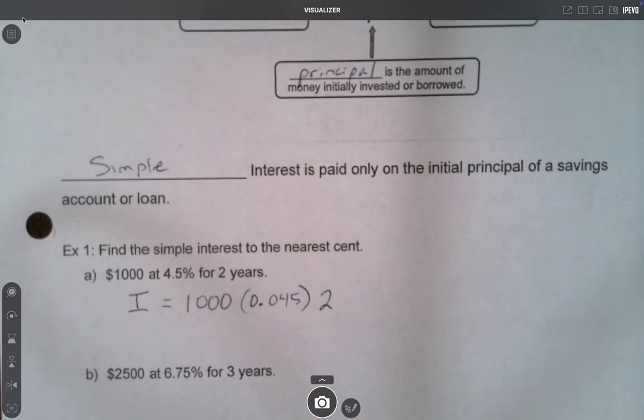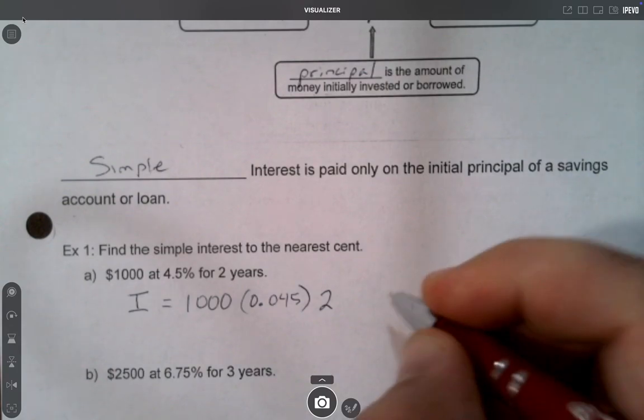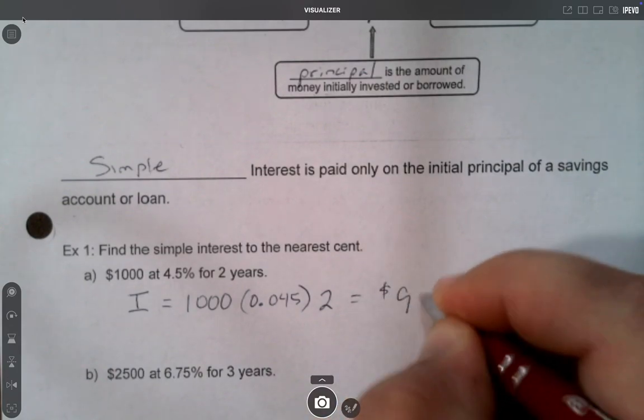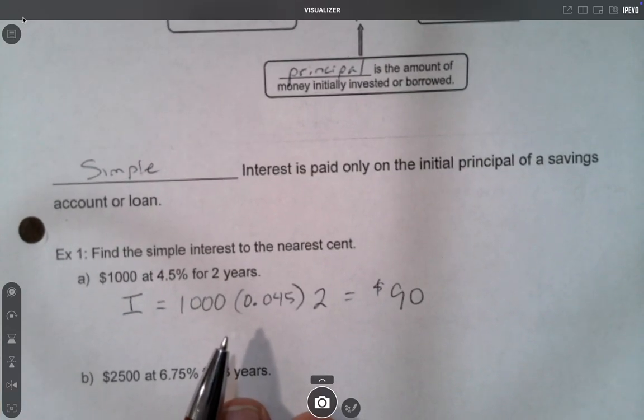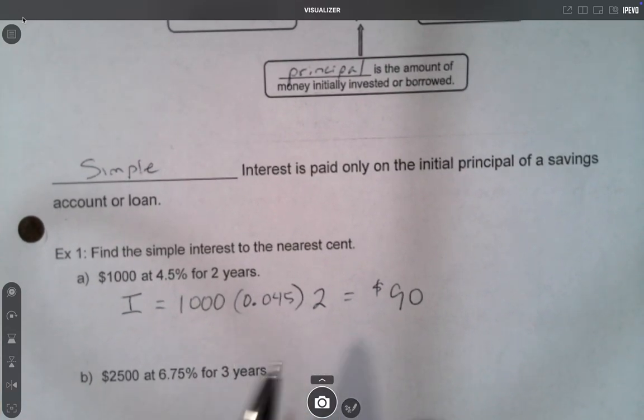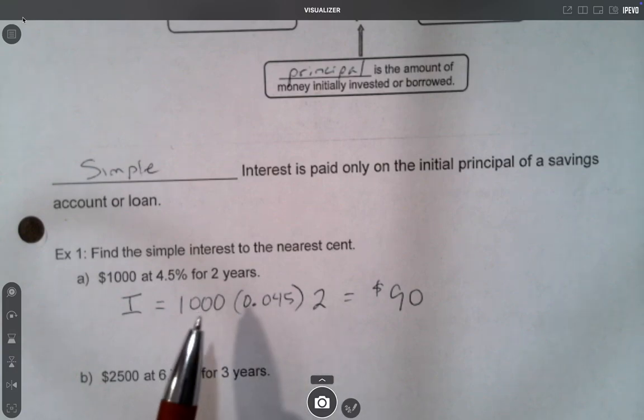So you simply multiply those together in your calculator, 1,000 times 0.045 times 2, and we get $90. So by investing $1,000 in a bank at this interest rate, you could leave that in for 2 years, and not only would you still have $1,000, but you'd have earned $90 on top of that.